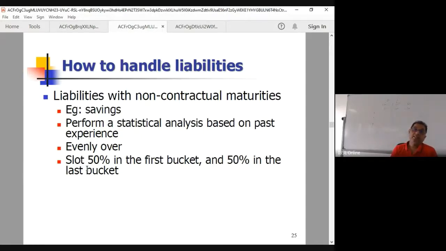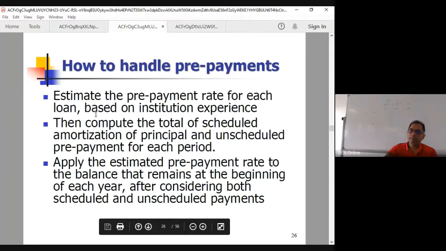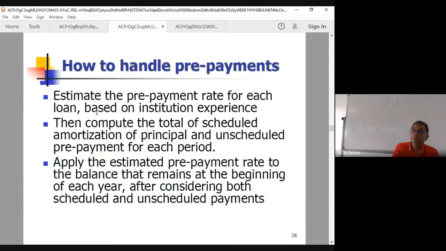Like I said, this is not a perfect science, and any sort of anomaly or sudden event or sudden disruption can happen, but this is to the best of your efforts based on your past trend. You can make a statistical analysis of the situation. Onto that, you also have, for assets as well as liabilities, cases where people are prepaying your loans.